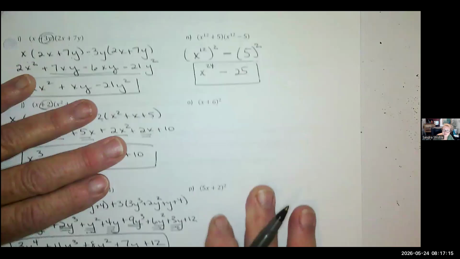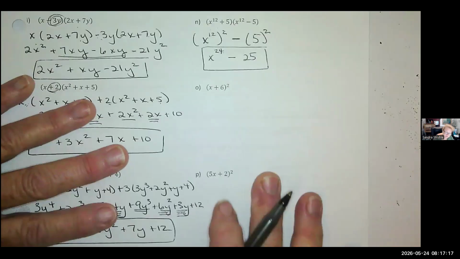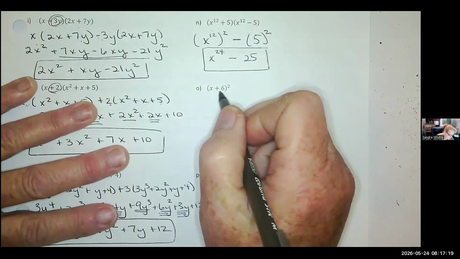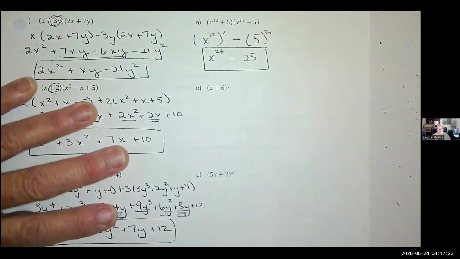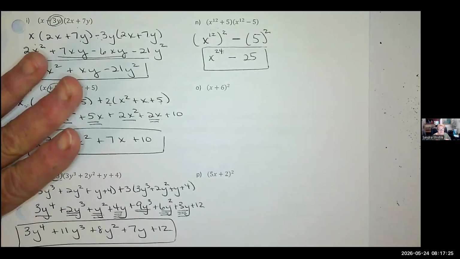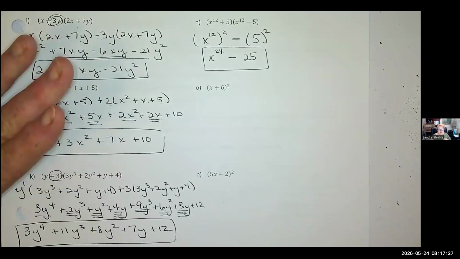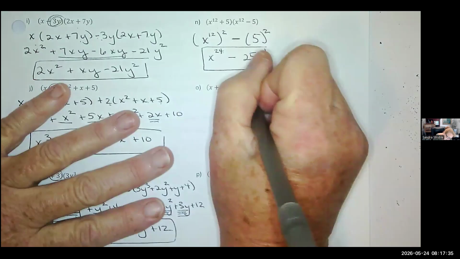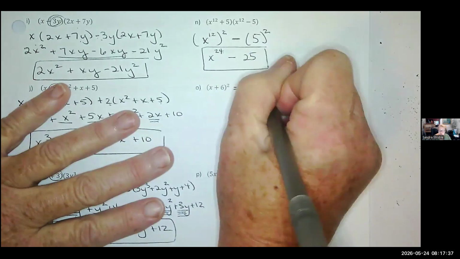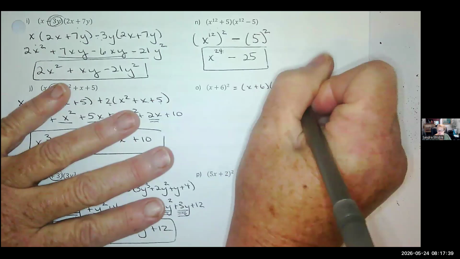Now we've got a binomial squared. We've got a couple different things we can do here. This is the one that I like to do: square the first, multiply them together and double it, and then square the last. Or you could go x plus 6 times x plus 6 and just multiply them how you normally do: distribution, box, or FOIL.